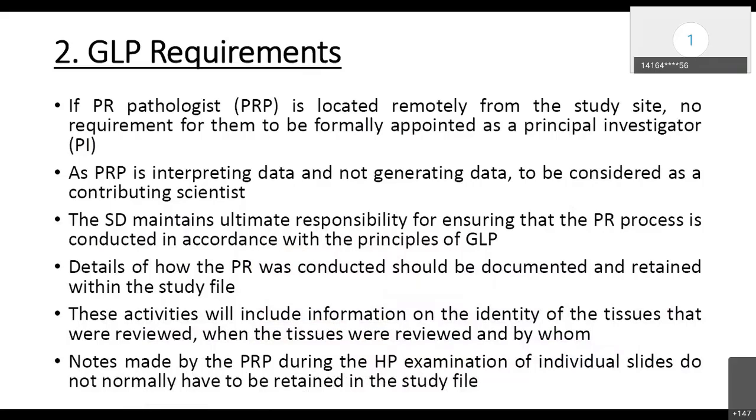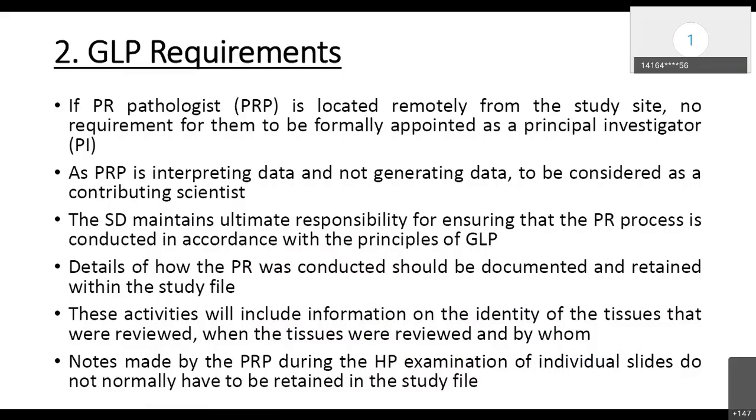Yeah. So the GLP requirement continues: if the peer review pathologist is located remotely from the study site, for example, the study is carried out in Vapi and the peer review pathologist is located in America, how should the peer review process go?